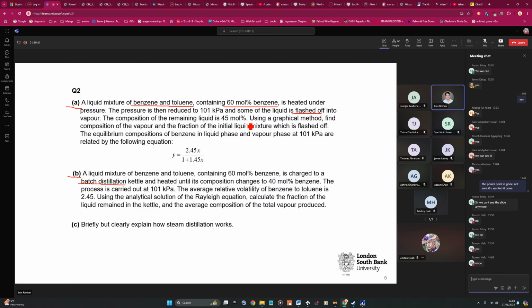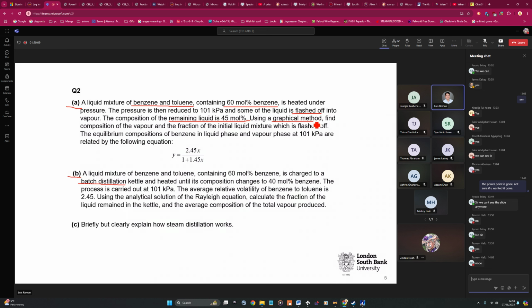And then you flash the mixture, so you get like a vapor and a liquid in equilibrium. And you have the value of the remaining liquid composition, or what is the composition of the liquid leaving the flash unit.